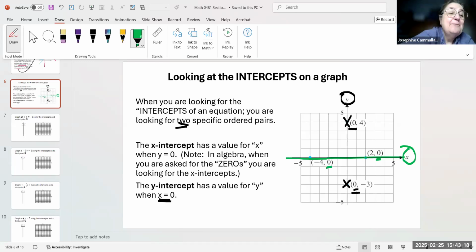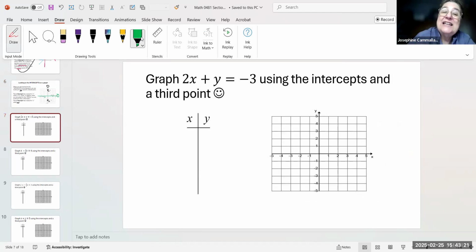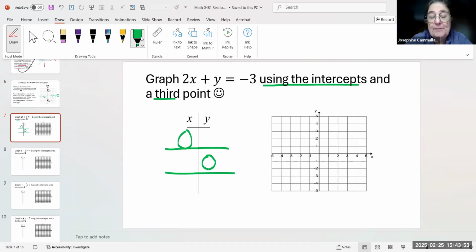Now, with that said, that's why we come to the second way of graphing. This is called graph 2x plus y equals -3 using the intercepts. And then they're going to ask you to find a third point. Remember I told you that third point was the checkpoint? Well, this is where I put a 0 here and a 0 here. These are my 2 intercepts. Now, notice my x is 0.